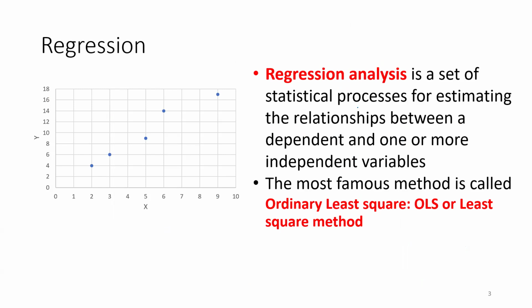And among a lot of methods they have, this is the most famous method we call ordinary least square, so we take O, L, S. Okay, so after you plot the data, we would like to know the relationship between two variables, then we try to make one line.